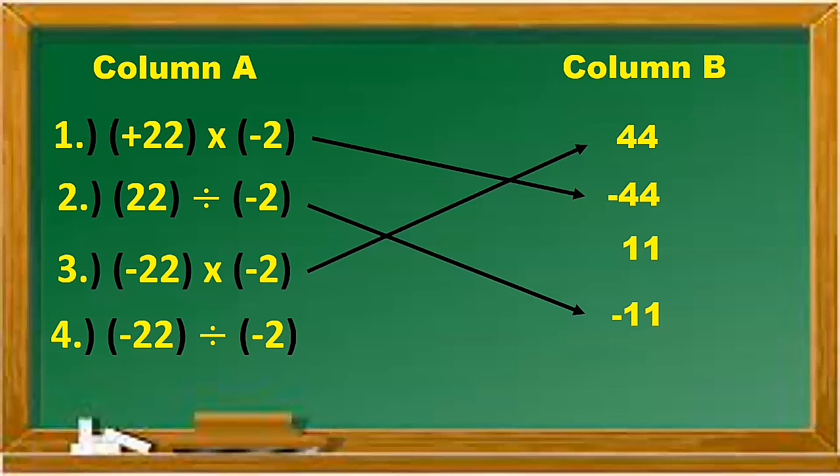And then the last number, we have negative 22 divided by negative 2. Of course, the answer is positive 11. So if you are going to divide integers with the same signs, the answer is positive.